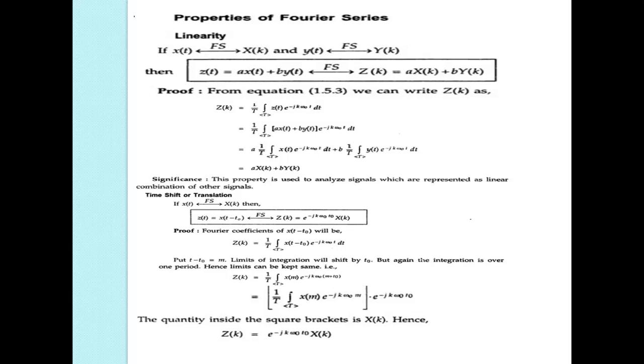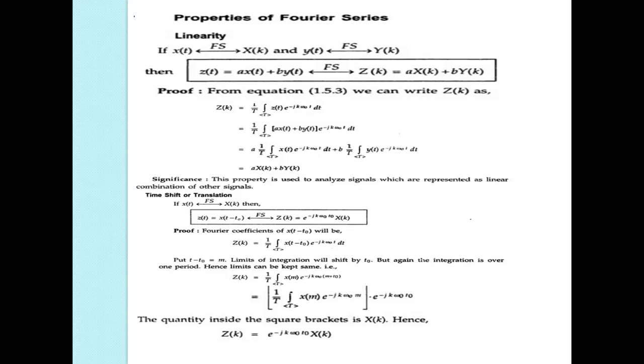Using this, the second classification of the Fourier series is the compact trigonometric Fourier series, also called the polar Fourier series. The signal x of t is equal to d of 0, which is the same as a of 0, plus the second term with d of k and phi of k. What is d of k?